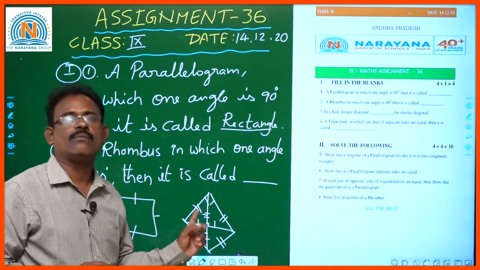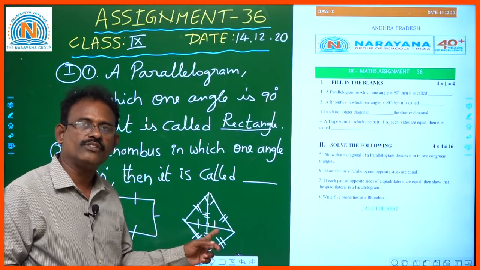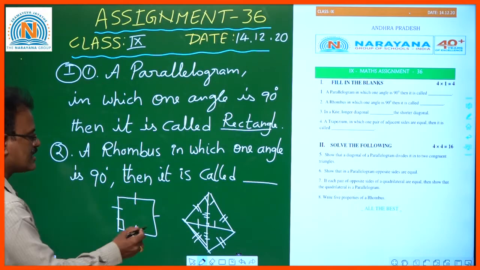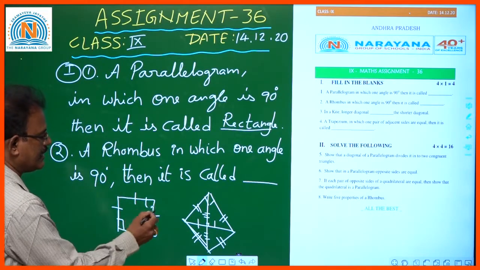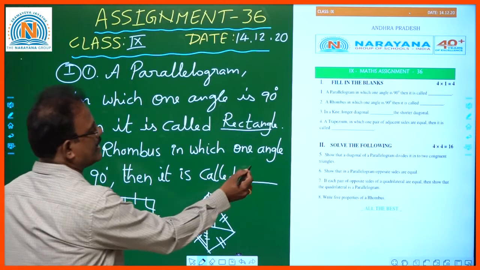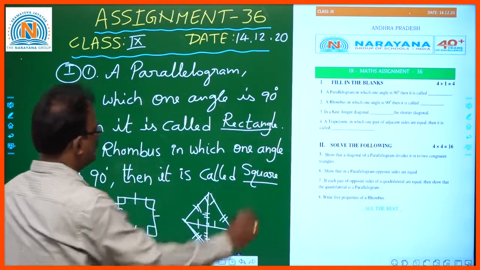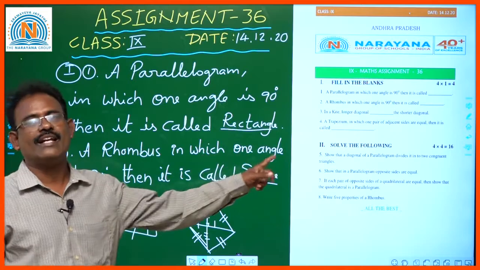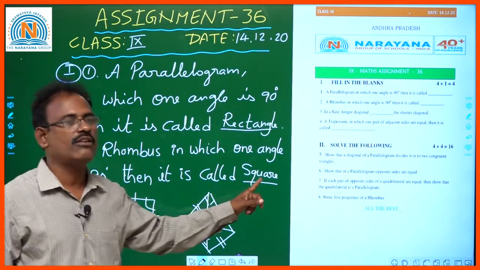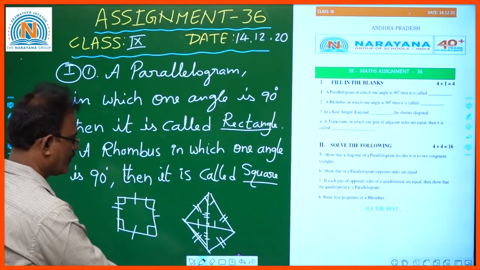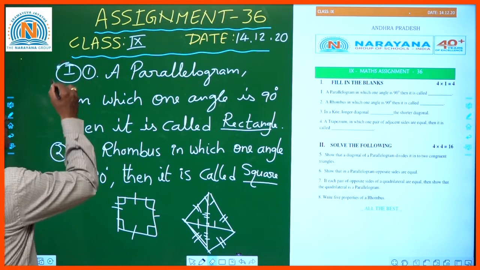Here also a rhombus is one of the parallelograms, so adjacent angles are supplementary, 90 plus 90. From this we can say it is a square. So a rhombus in which one angle is 90 degrees is called a square. Okay children.